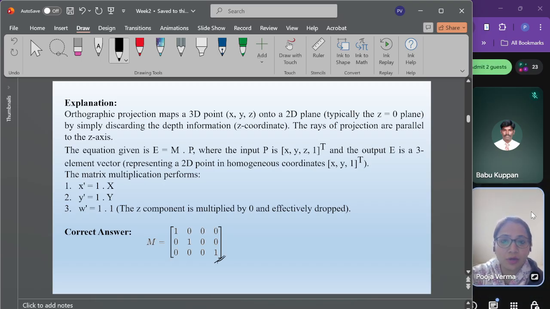It is written a 3D point onto a 2D plane. Oh, okay, I see. Thank you.